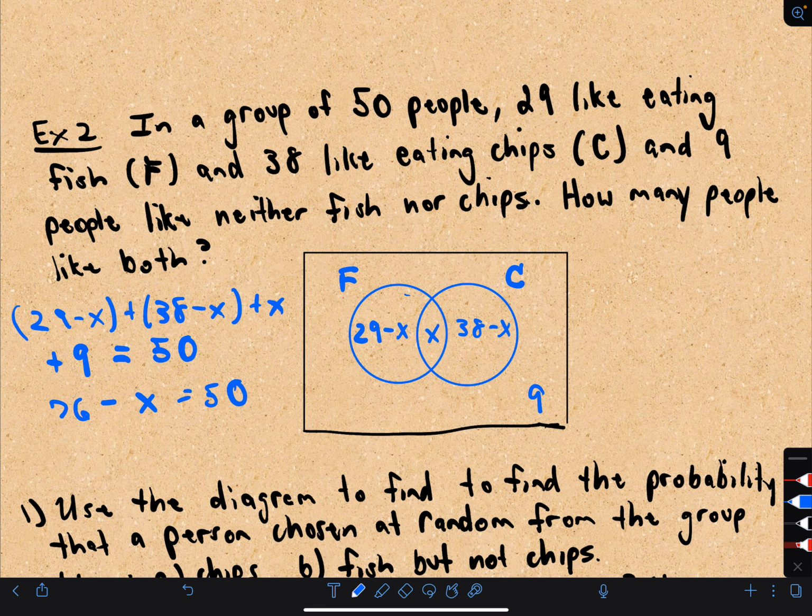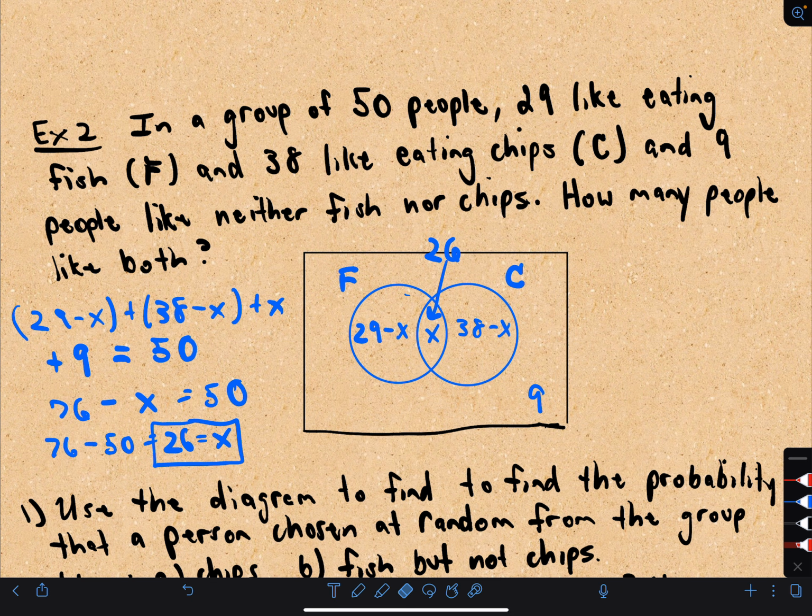Well, we can simply add X to both sides. Well, we would have 76 minus 50 on the left side, and that's going to leave us with 26. So 26 is going to be our value of X. That's going to be the number of people that like both. So now we've got 26 here. So we could even go back and relabel our diagram a little bit.